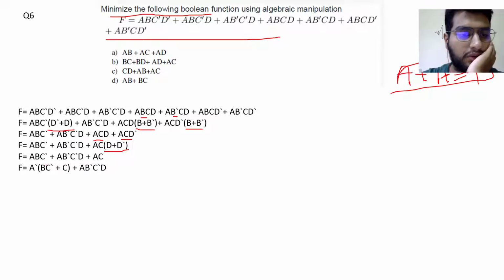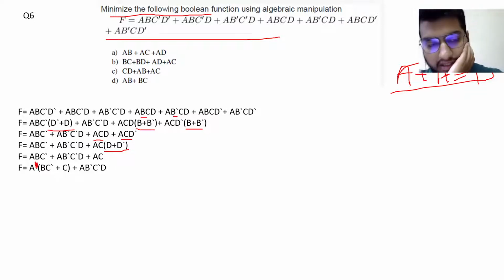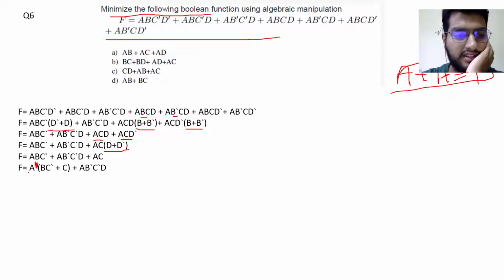Now I take this A, mind that this is A, not A complement. I'll just clear this thing in my final slides, but mind that this is A, not A complement. A is common between the first term and third term.